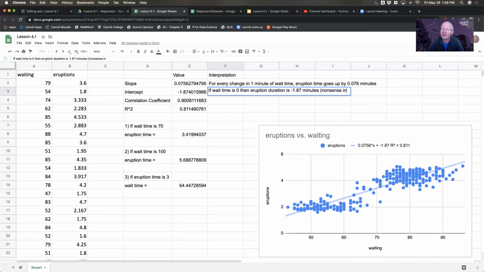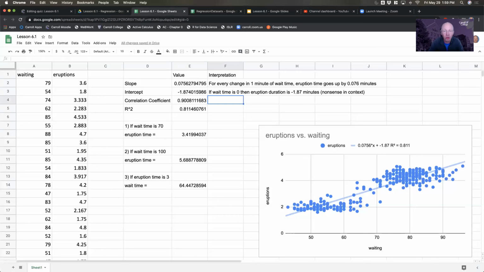This is nonsense in context, because if the wait time was 0, that means the darn thing is still erupting, and you shouldn't be thinking about this. Furthermore, if the wait time is 0, you're a long ways away from the data, and you should think twice about using this model to predict that far away.